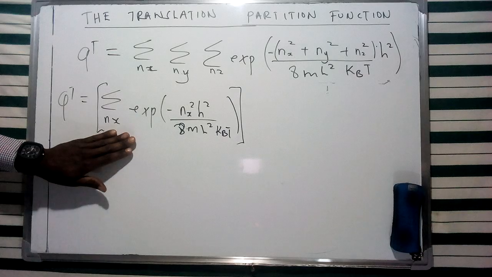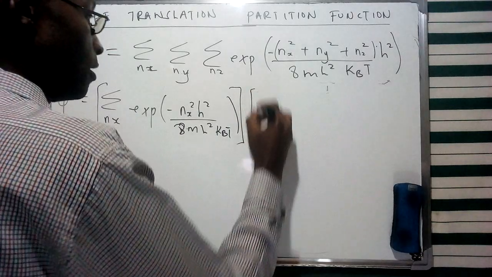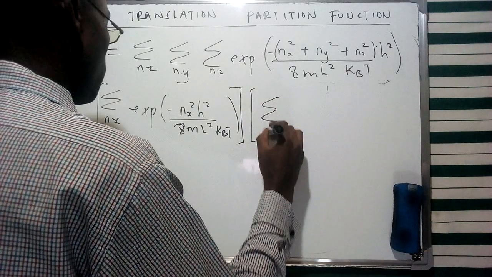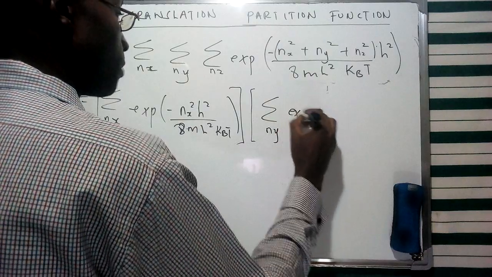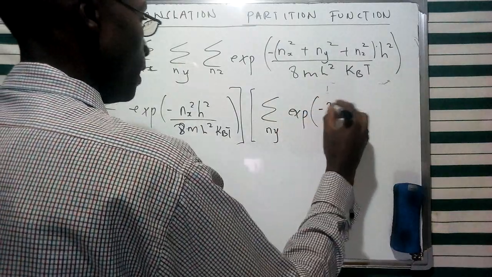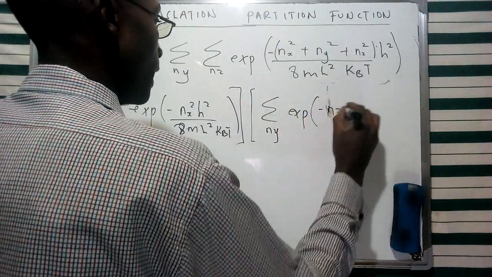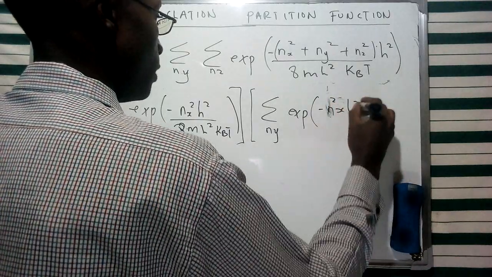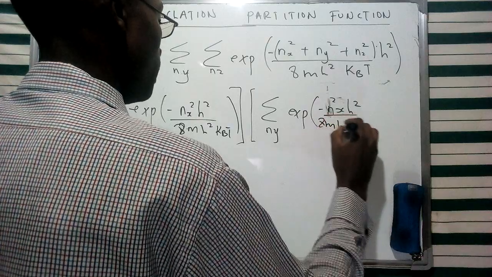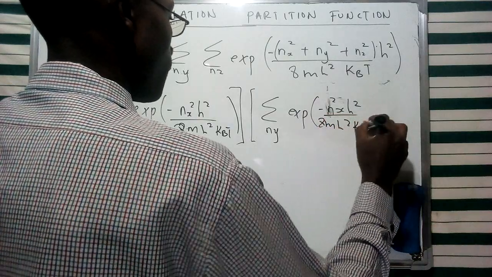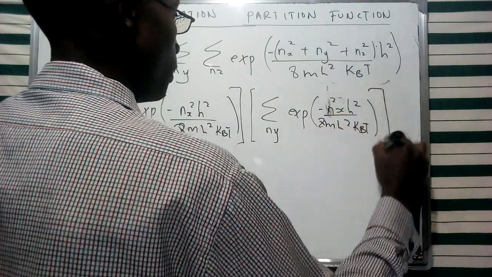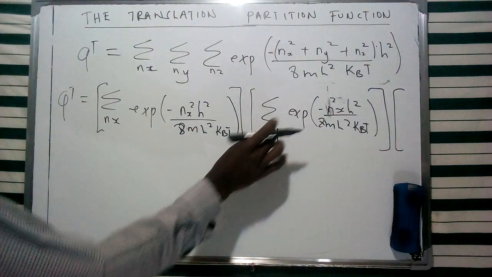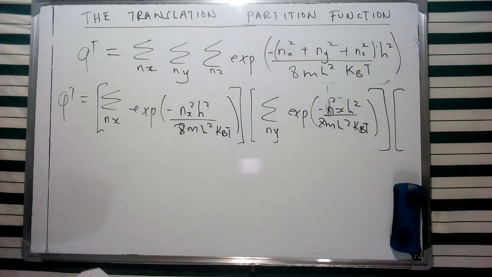This is going to be an analogous representation for the second summation of ny, the exponent of negative ny squared h squared all over 8 ml squared kT. And then this is going to form also the last bit for nz given in that specific order.